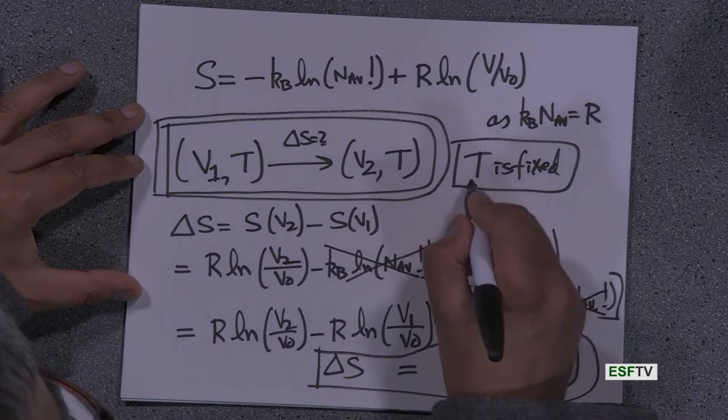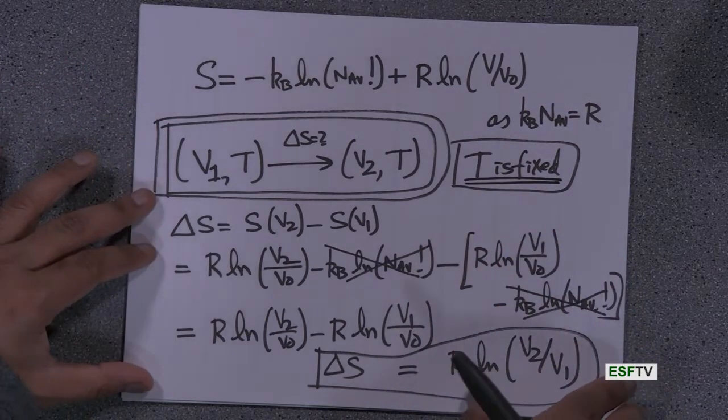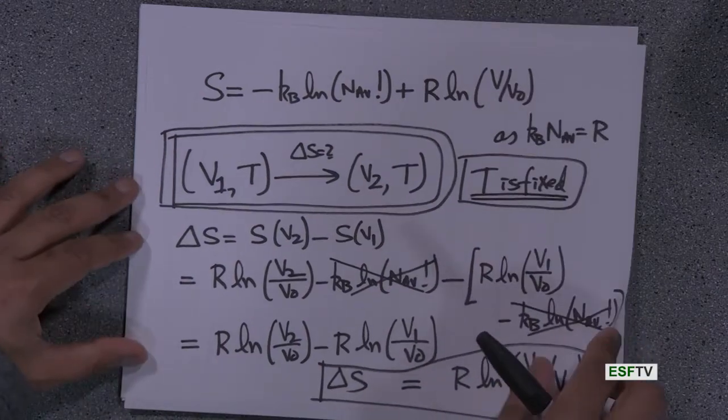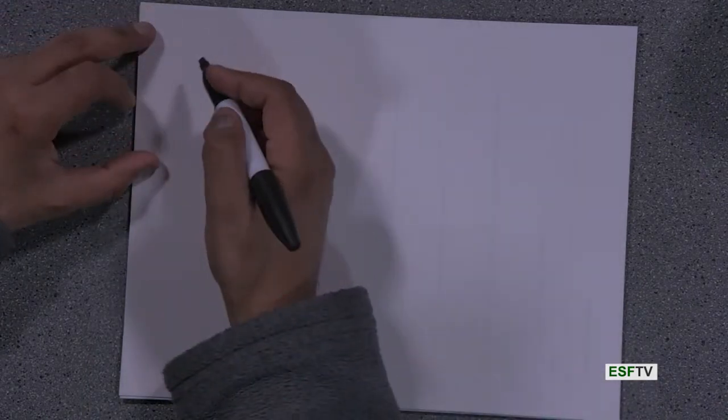Remember, I mentioned it's important we are keeping the temperature fixed. Why is that? That's because this is simply the entropy associated with configurations, with the number of arrangements of atoms or molecules.